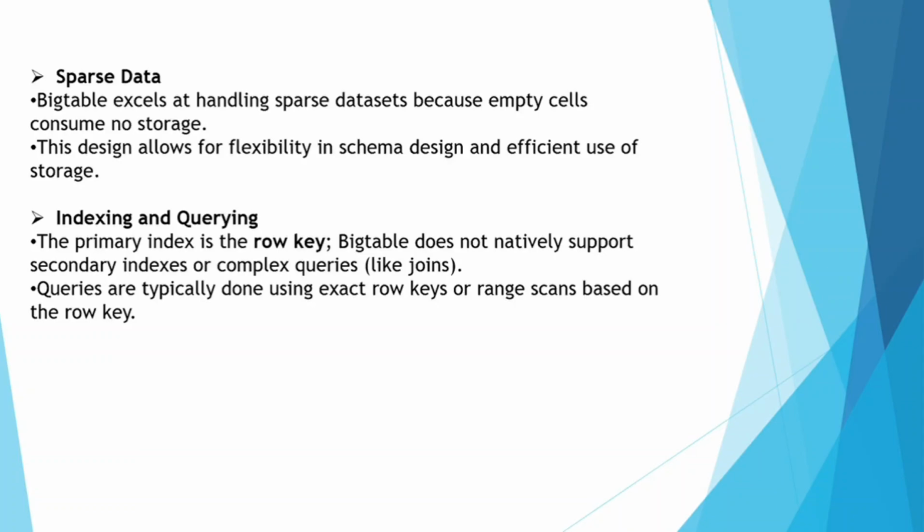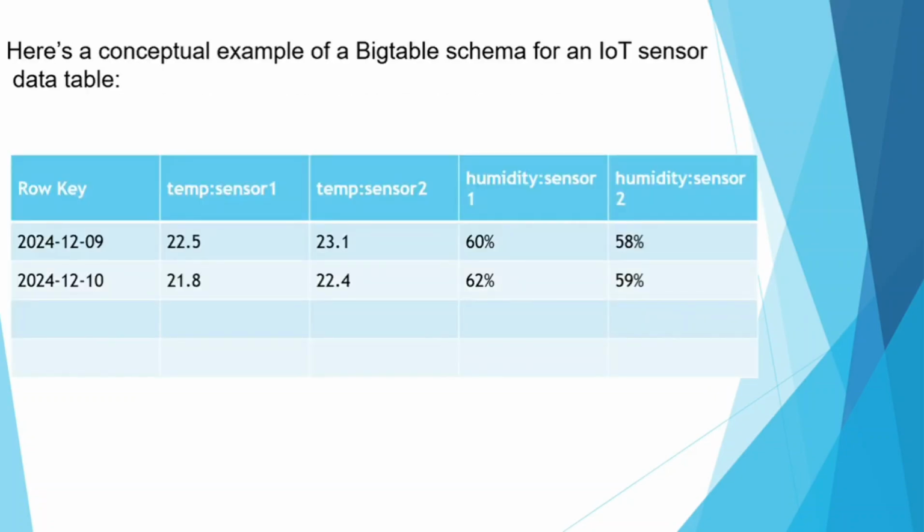Bigtable does not natively support secondary indexes or complex queries. Queries are typically done using exact row key or range scan based on the row key. So here is a conceptual example of a Bigtable schema for an IoT sensor data table.